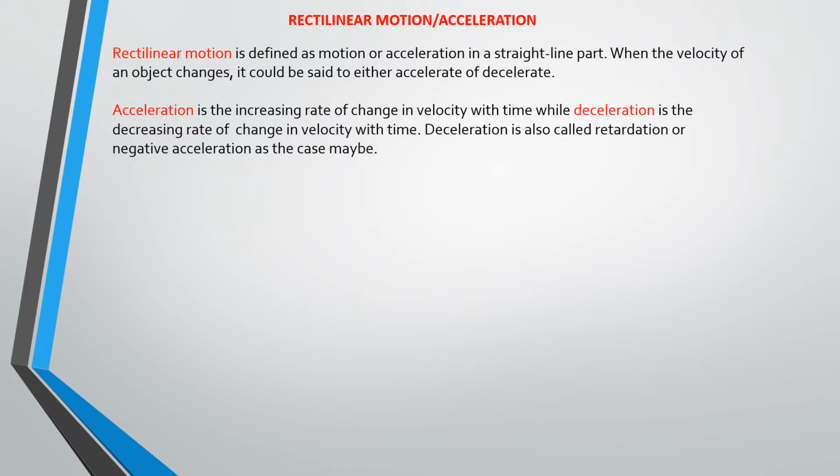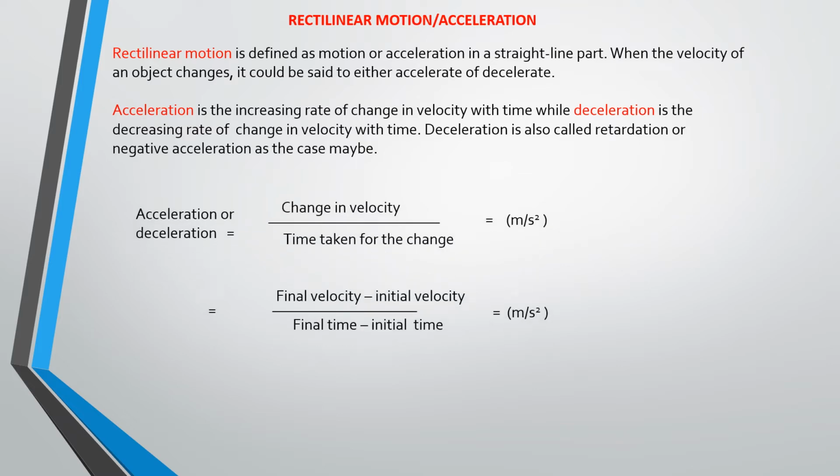So acceleration or deceleration is given as change in velocity over time taken for the change, or final velocity minus initial velocity over time taken, and it's measured in meters per second squared. With this formula in mind, we are going to start to derive the equations of motion, starting with the first equation of motion.